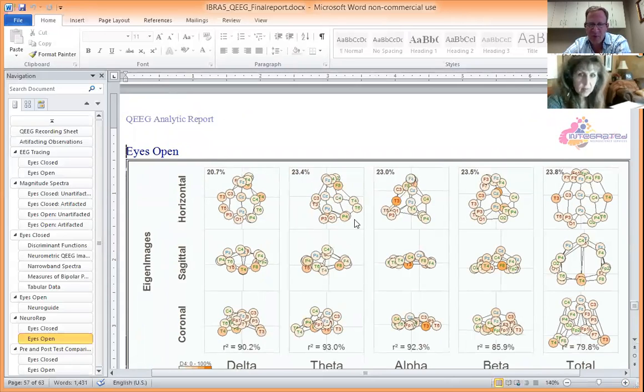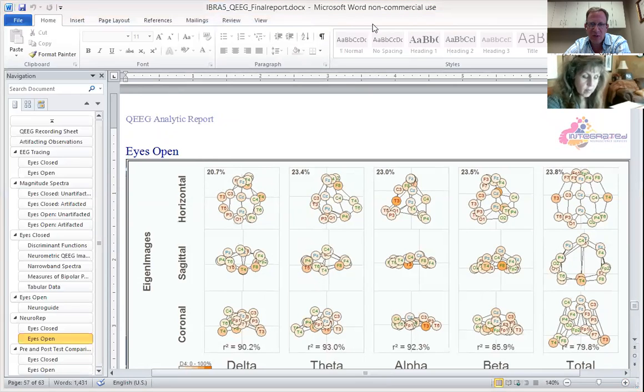Some obvious hypocoherence on the right side we talked about related to mathematics, probably social skills also. And then continued left-sided hypocoherence related to the reading issues. So that's important.